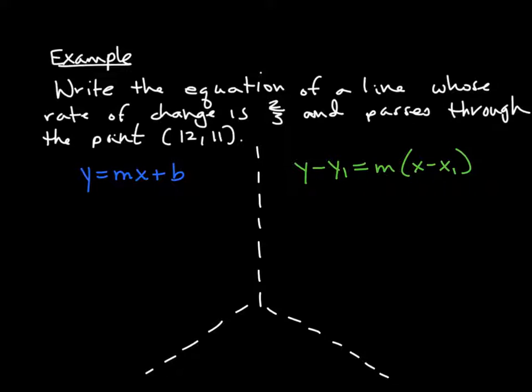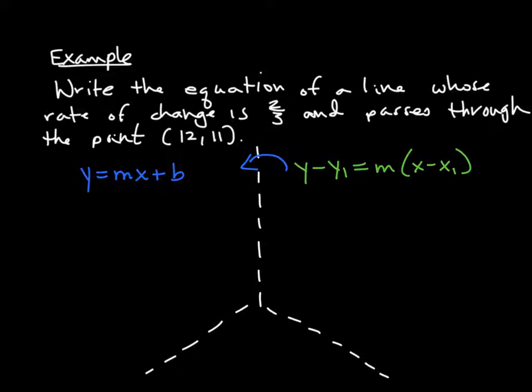The second way that I will do this is what we call the point slope formula, which will then be used to convert it back to y equals mx plus b. So you can either choose to use y equals mx plus b exclusively, or you can use the point slope form to then turn this into y equals mx plus b. Either way, my final answer will be in the form of y equals mx plus b. So here we go.